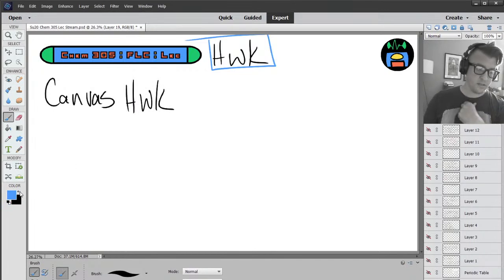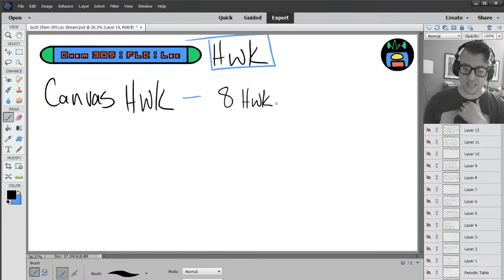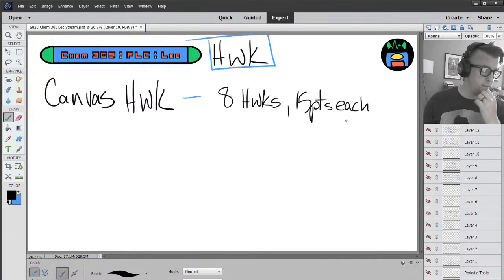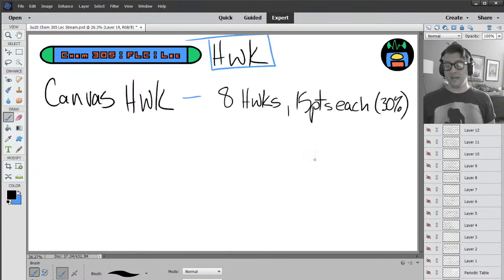So there's 8 homework sets. They're 15 points each. And homework actually represents 30% of your letter grade. All right, so that's actually a decent chunk of your letter grade is just these homework sets.